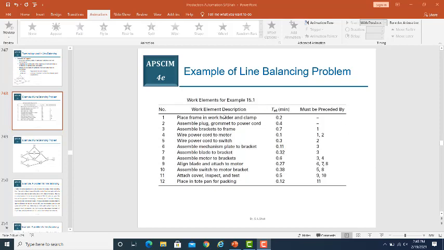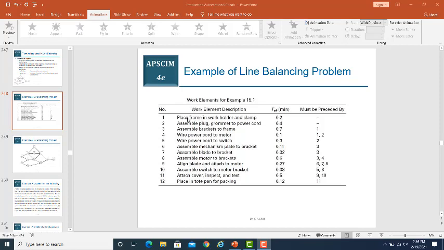In the problem, this table is given to you, which shows a list of different operations that will be performed in assembling a product. This product is an electrical appliance which will be assembled in an assembly plant, and a total of 12 operations are involved in this particular scenario. 12 operations means 12 assembly operations.